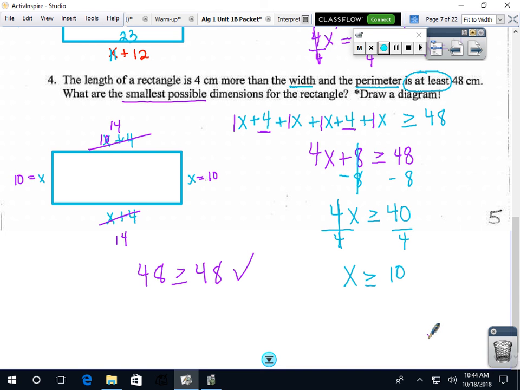It's exactly 48. Okay, now once you get that copied, turn to the next page, number 5.